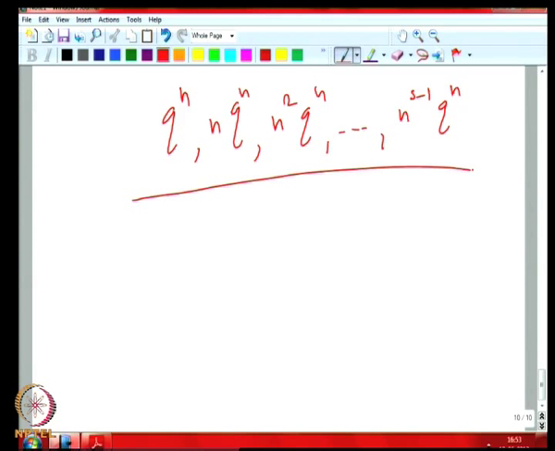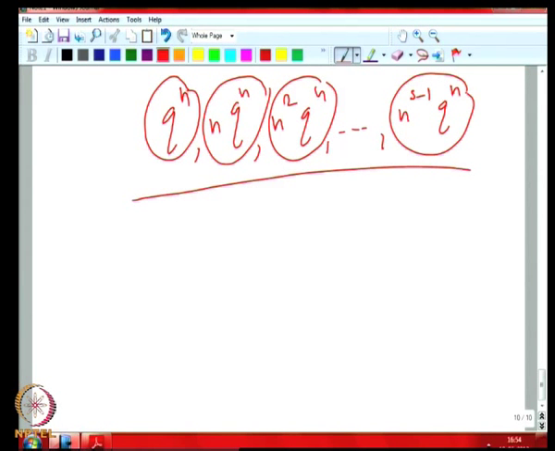These are all solutions. So, if these are all solutions, we know that we can also combine them, because this satisfies the recurrence, this satisfies the recurrence, and so on. Any multiple of this, multiplying by a constant, is not going to disturb that.